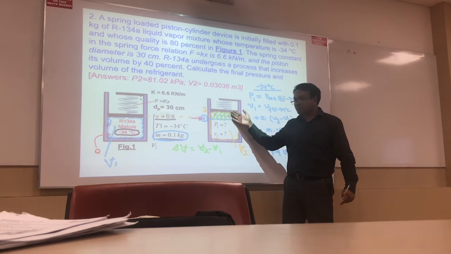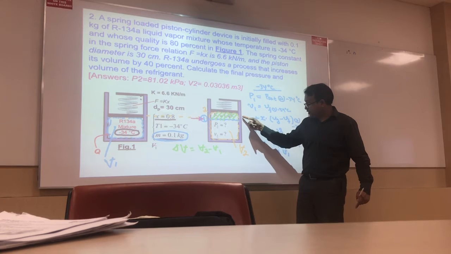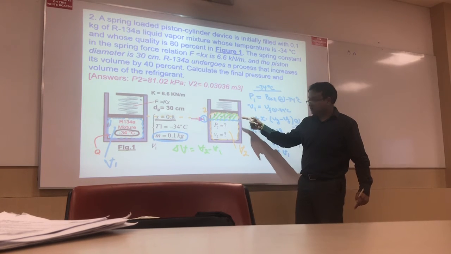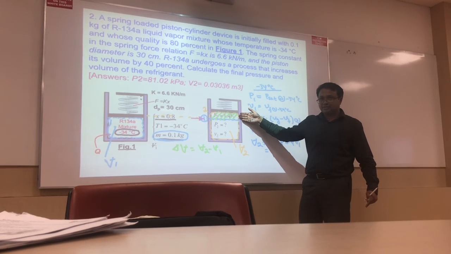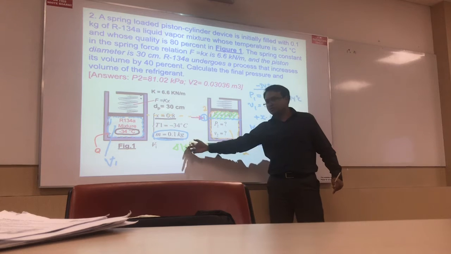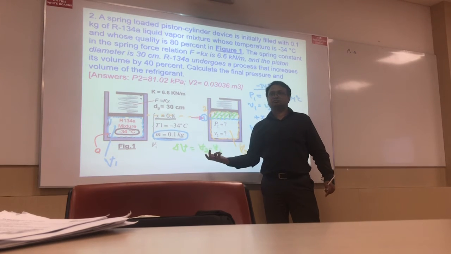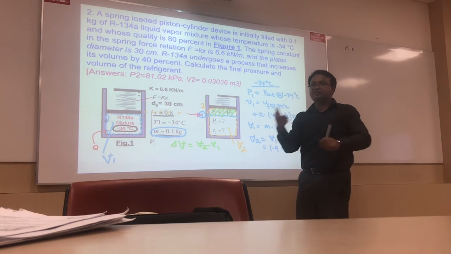So how can you find this volume? I know the distance from here to here, right? The distance traveled by the piston, I assume this distance. So this distance times the area of the piston is equivalent to this volume, right? Agree? Face area times distance, the cylindrical shape.